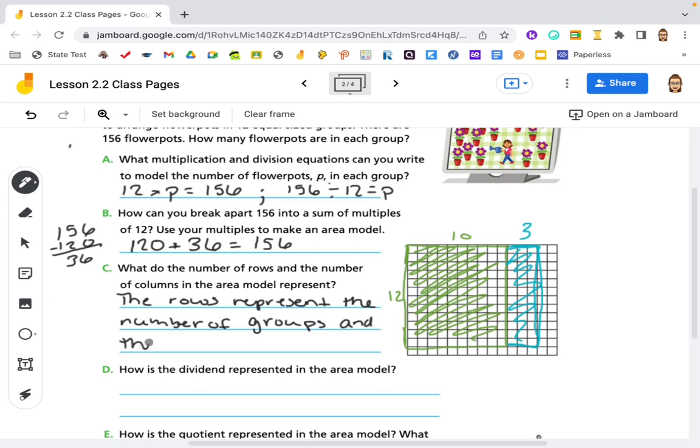And the columns represent how many flower pots are in each group.